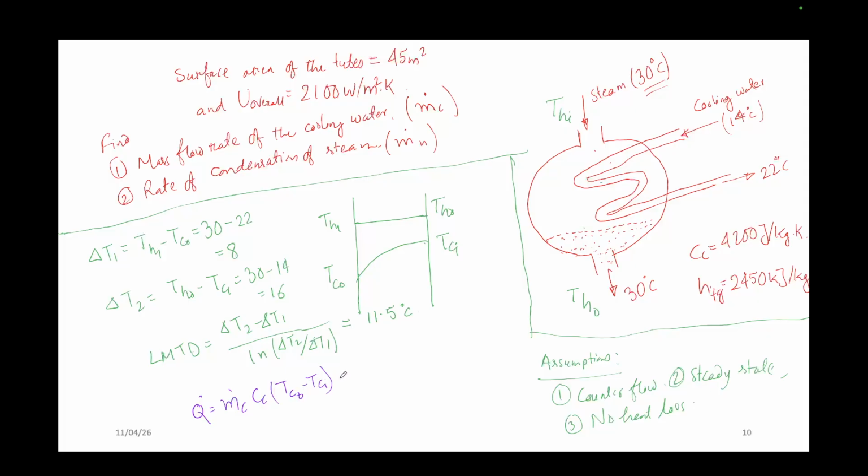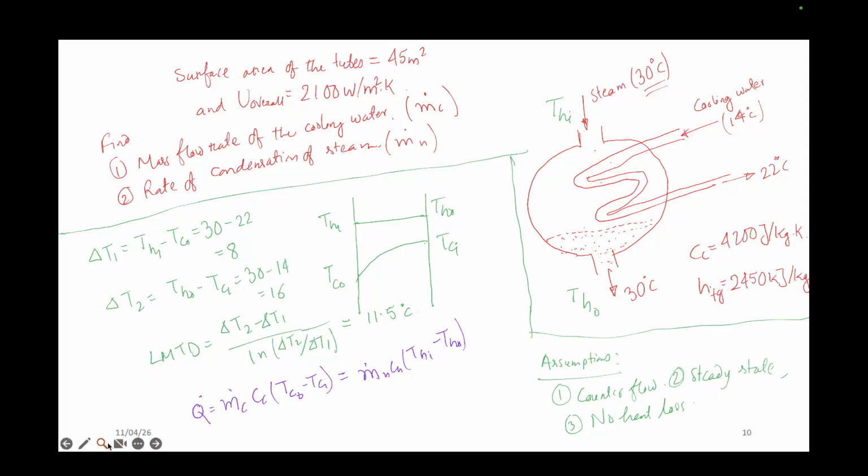Is it correct? Q equal to m c (TCO minus TCI). And for the hot side, m h Ch (THI minus THO). I am just writing this, but it is not applicable here. Why am I saying this? In the given case, either heat loss, because THI and THO both are the same, that means no heat loss.